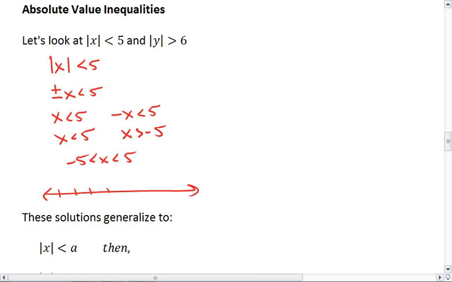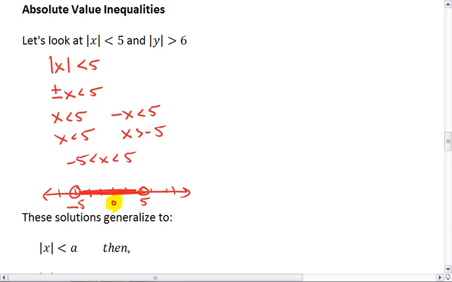So if we look on a number line, we get all our values fall between -5 and 5. Which makes sense if you think about it, because what we're saying is that the absolute value of x, an absolute value is a way to think of your distance from 0.